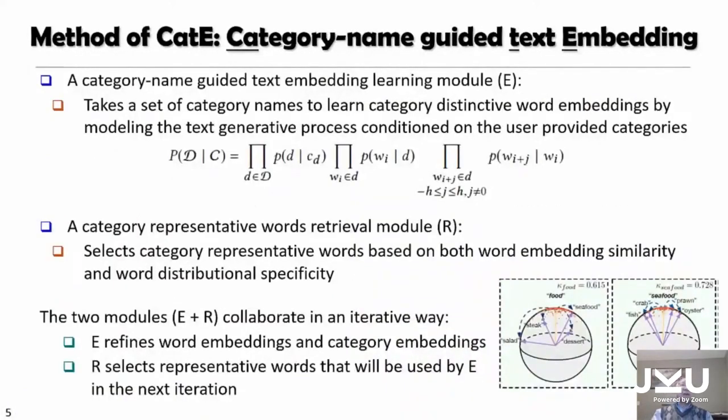So we basically consider it this way. If we have categories on the documents, the category will have a conditional probability on the documents. The documents have a conditional probability on the words, and the words intertwine with the surrounding words.